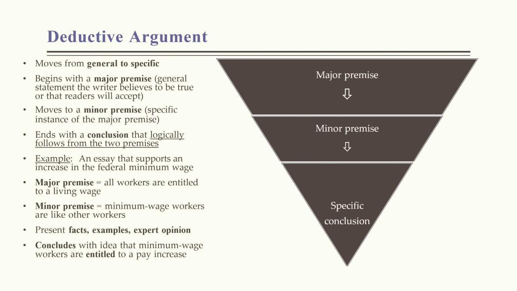Okay, deductive is the other way around. So if we take something overall major, like some sort of big idea, and then we break it down, that would be a deductive argument. Okay, so we're going from the big to the smaller.